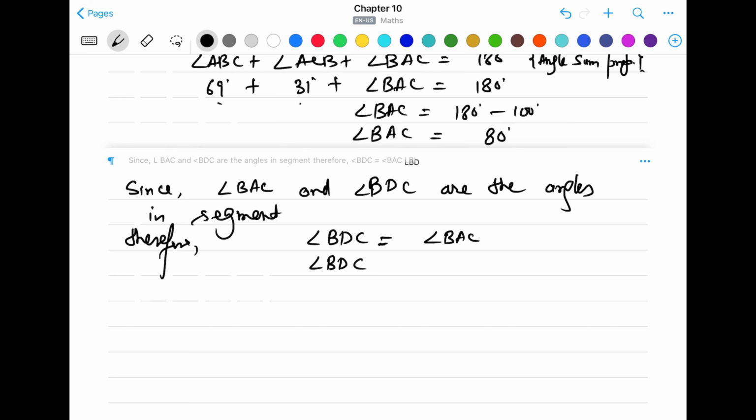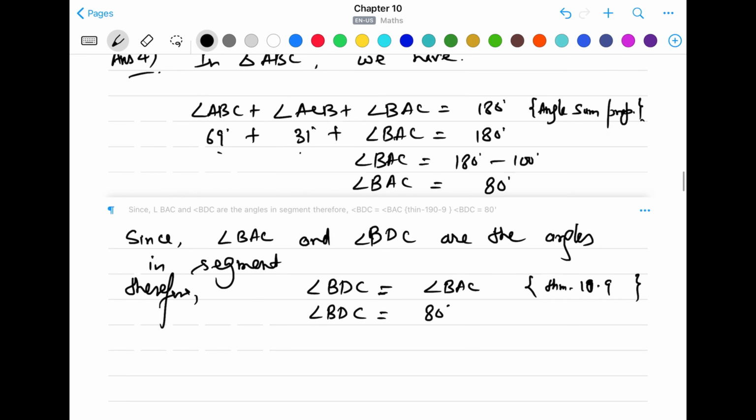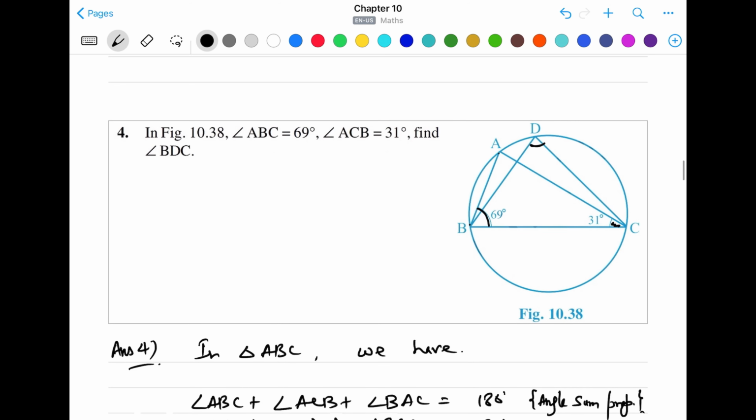That means angle BDC will be equal to 80 degree, and this is by the theorem angles in the same segment of a circle are equal, that is theorem 10.9. So you will write the statement of theorem 10.9, that is, angles in the same segment of a circle are equal. So we got the value of angle BDC.